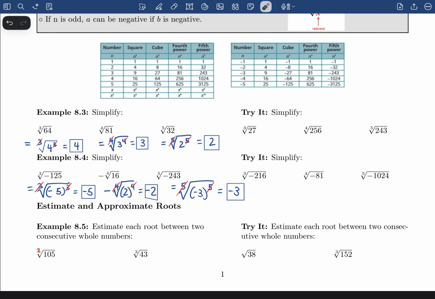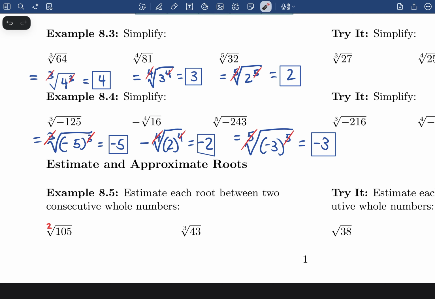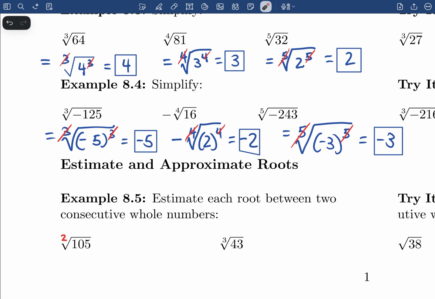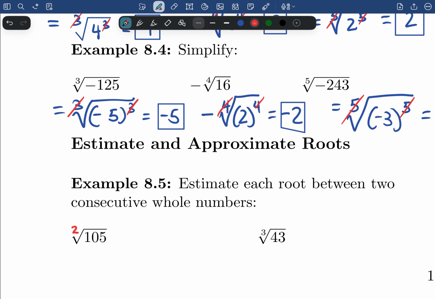But we can estimate its value between two integers by thinking of the perfect square that's less than this value and the perfect square that's more than this value. And I'll show it to you, right? So we know our perfect squares. Like this value is sandwiched in between the square root of 100 and the square root of 121.